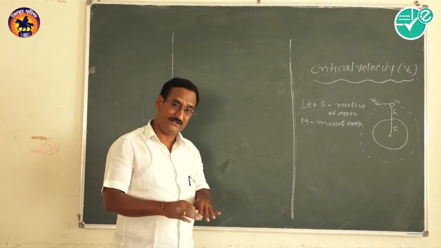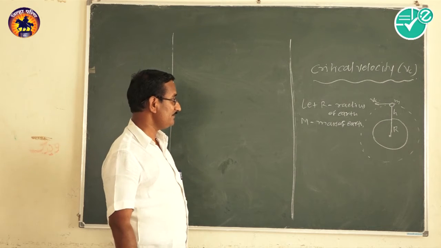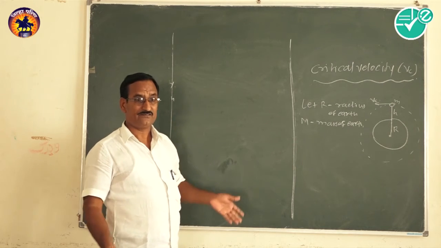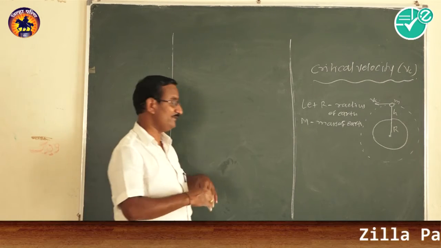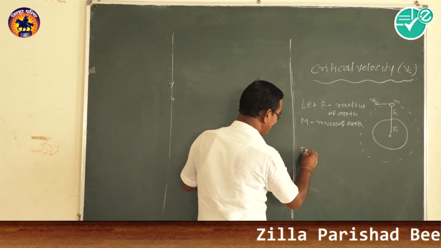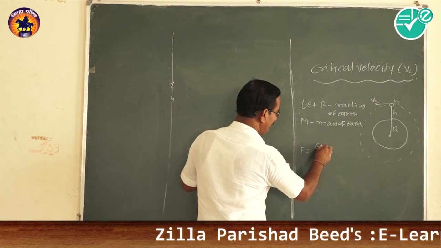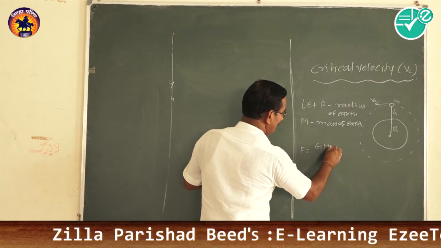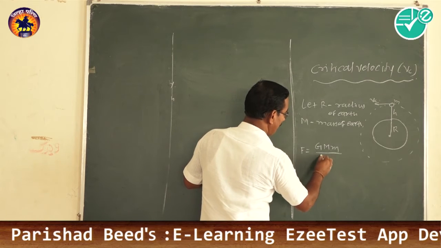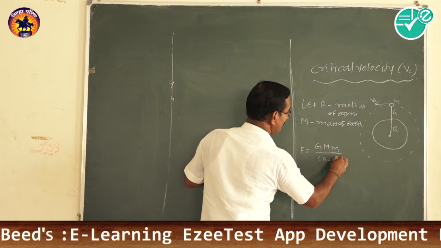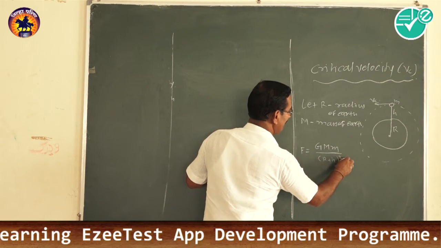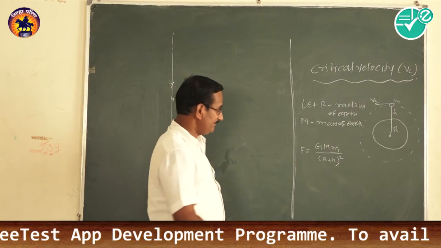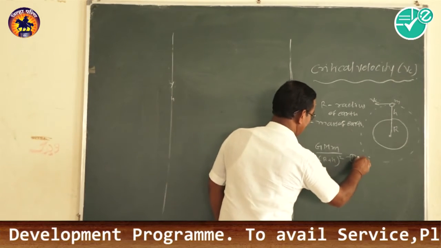According to Newton's law of gravitation, the force of attraction between them is F equals G capital M small m upon (R plus h) whole square. That is equation 1.